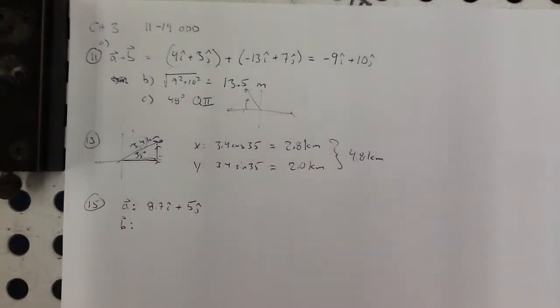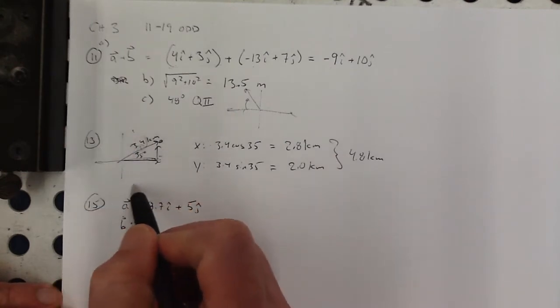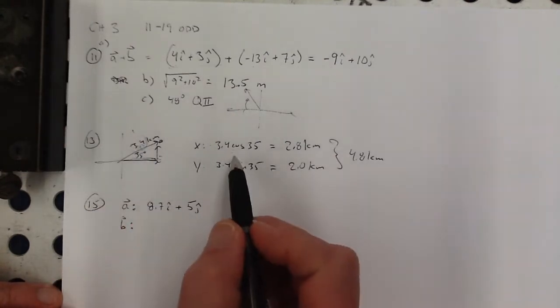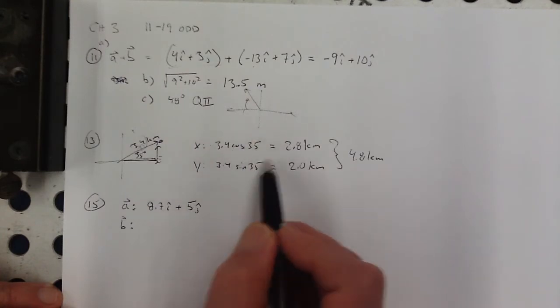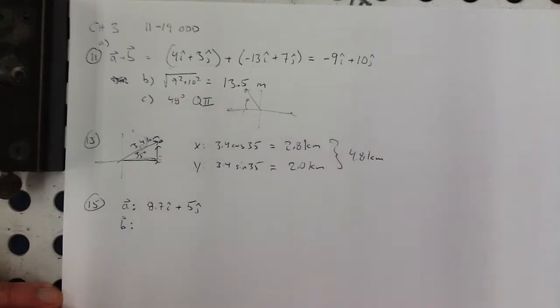Vector B is at 105 degrees. If you have the angle that's measured from here, like in the whole 0 to 360 range, you can do cosine and sine with that angle, and it'll pop out the correct sign for you.